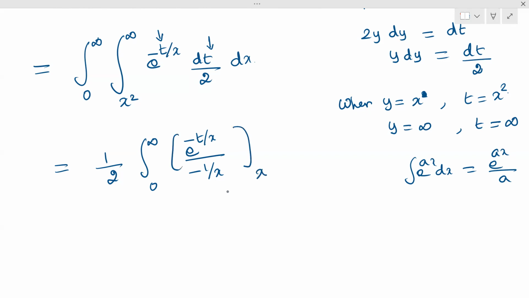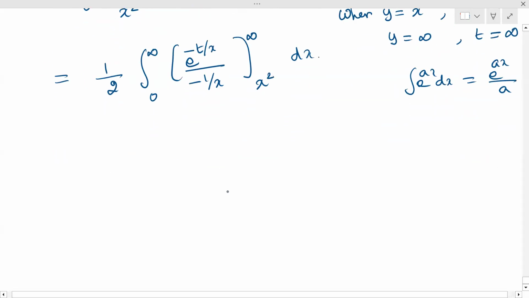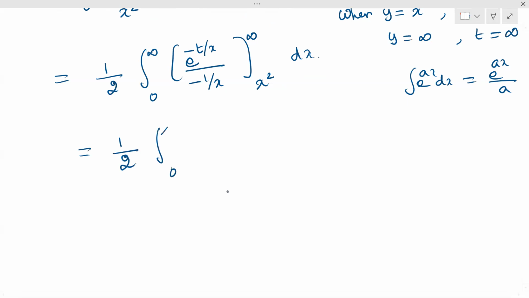The limit is x square to infinity, dx. So, 0 to infinity, minus x, that is the denominator. Here we apply the limit for t only. First apply the upper limit, t equal to infinity, so it is e power minus infinity, minus the lower limit t equal to x square.